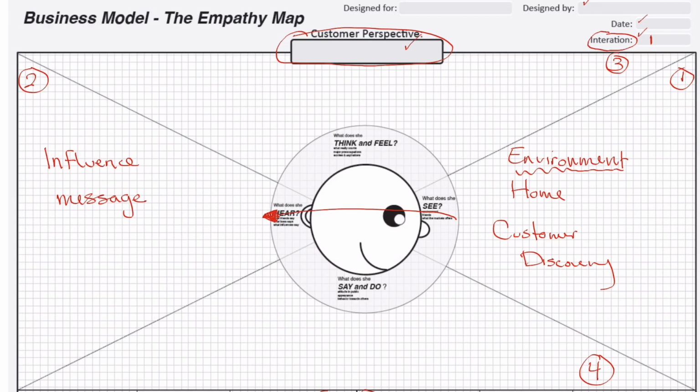Maybe it's a certain type of blog, maybe it's social media, maybe it's a variety of different things. Once we know what the environment is like, then we can look at what this person hears and what the message is like. That becomes very important. Once we finish that section, we know that our environment influences what we hear.